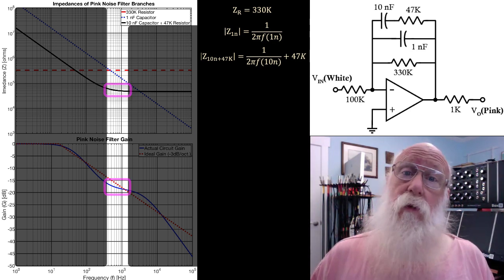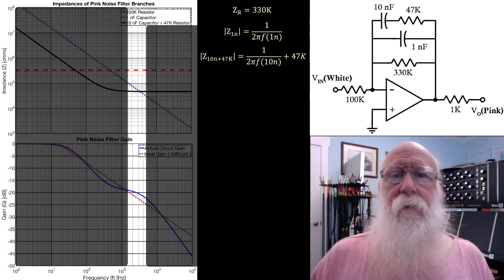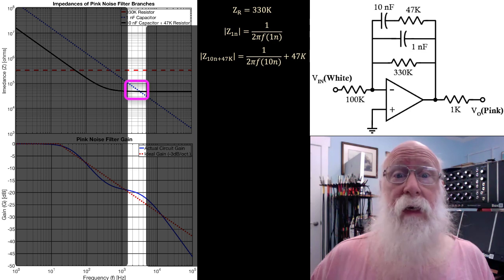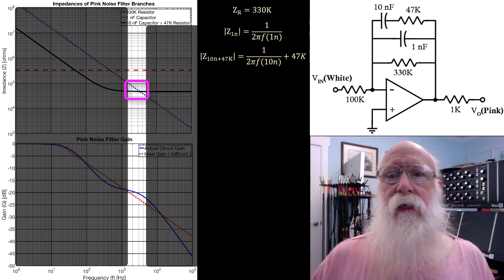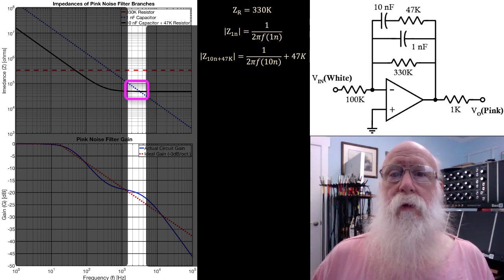For frequencies between about 1500 Hz and maybe about 5000 Hz, the impedance of the 1 nanofarad capacitor and the 10 nanofarad 47K branch are very close to each other, but the impedance of the 1 nanofarad is starting to drop below the impedance of the 10 nanofarad branch, and so your response starts to drop again.